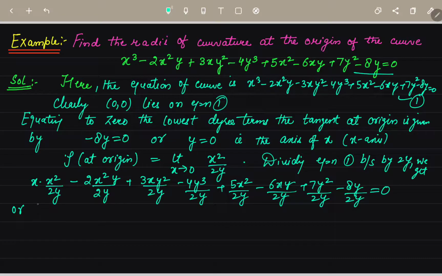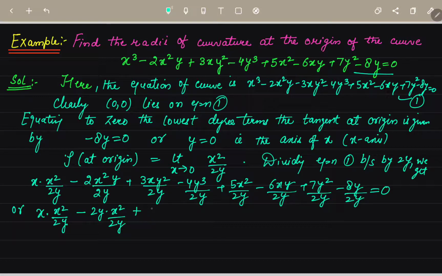Or I can write it as x into x square by 2y. Similarly minus, from here I am basically writing 2y here and x square by 2y, so that this becomes rho.